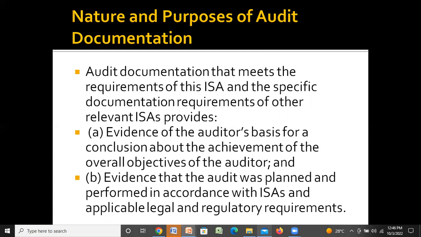So the evidence that yes, you have achieved your audit objective will be documented in your audit file. Then B, evidence that the audit was planned and performed in accordance with ISAs and applicable legal and regulatory requirements.